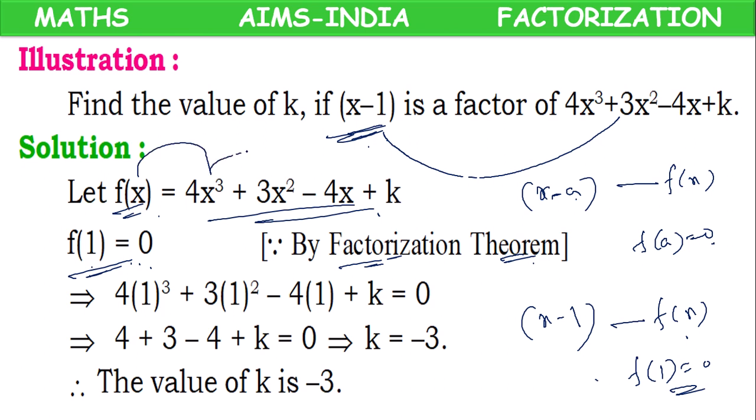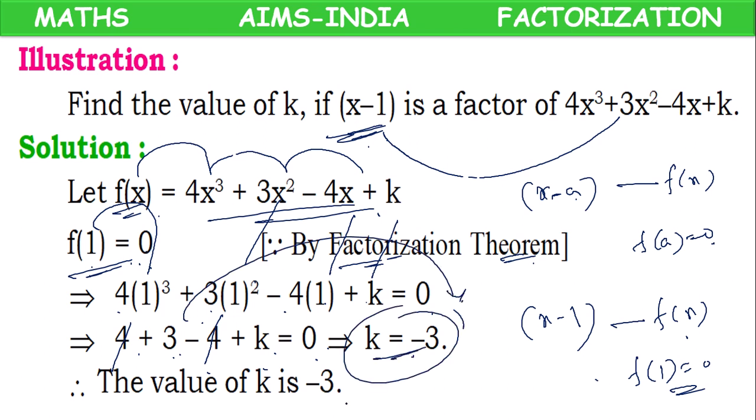In the place of x, we have to substitute 1. 4 into 1 cube, 3 into 1 square, minus 4 into 1, plus k, equal to 0. 4 into 1 cube is 4, 3 into 1 square is 3, minus 4 into 1 is minus 4, plus k equal to 0. 4 gets cancelled, 3 plus k equal to 0, 3 comes to the right hand side, k equal to minus 3.